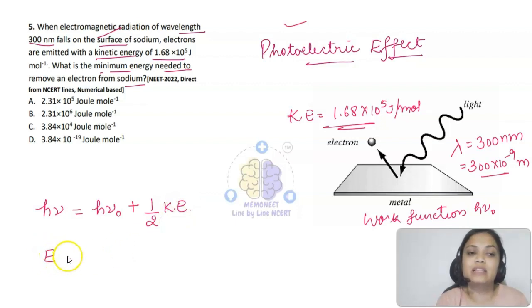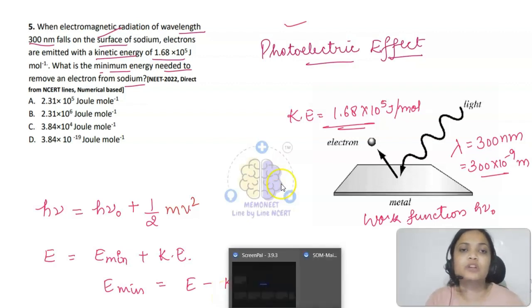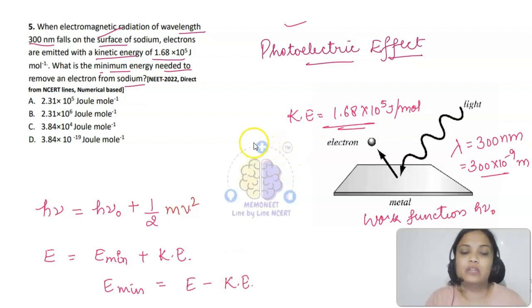So you can write here that E is the energy of that electromagnetic radiation, E minimum is the minimum energy required plus, sorry, it's not half, half mv square I was about to write. So that is the kinetic energy. Okay, so I have to calculate E minimum from here. E minimum is E minus kinetic energy. So this is what we will be doing in this case.